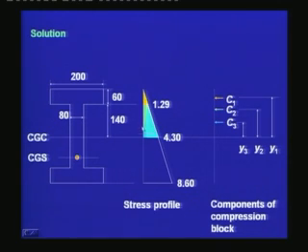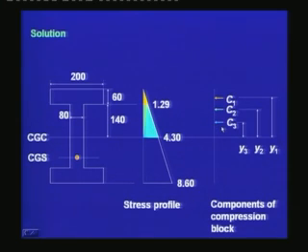Now, for each triangle, we can find out the resultant compressive force. C1 corresponds to the resultant of the top triangle, C2 corresponds to the resultant of the green triangle, and C3 is the resultant of the blue triangle.